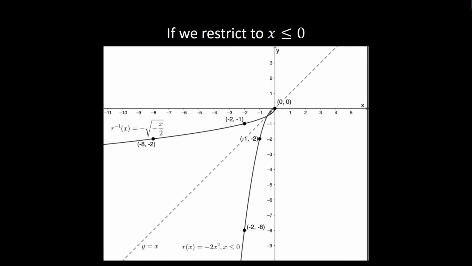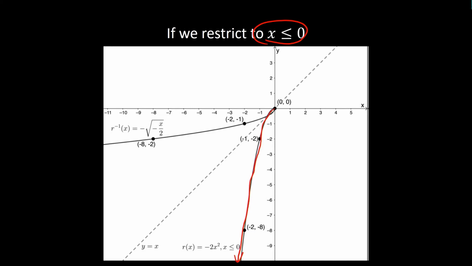Okay, so if we restrict it to x is less than or equal to 0, which you can see here, so we've got all the negative values of x, we've restricted our domain to. All right, and remember the function g of x, the original function, was all the y values were less than or equal to 0. So now obviously the domain of your inverse function will be x is less than or equal to 0.